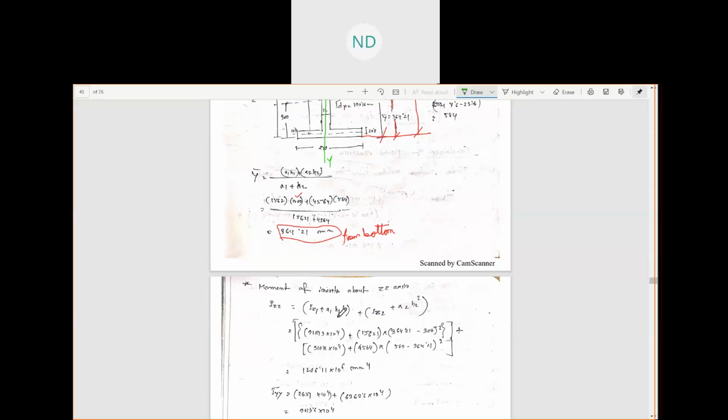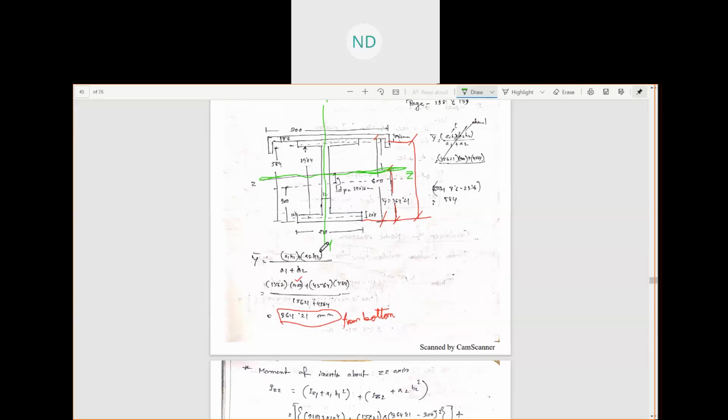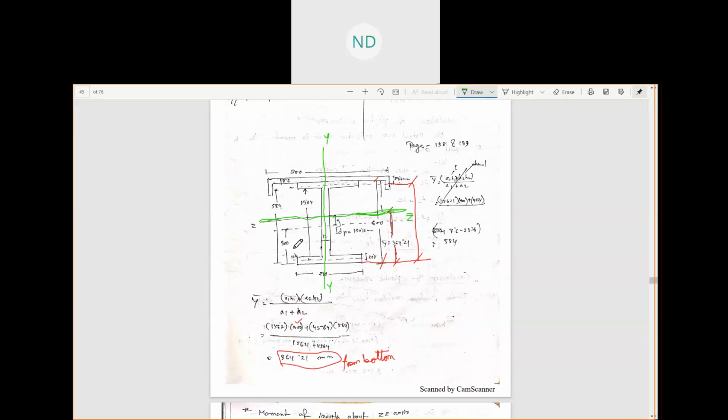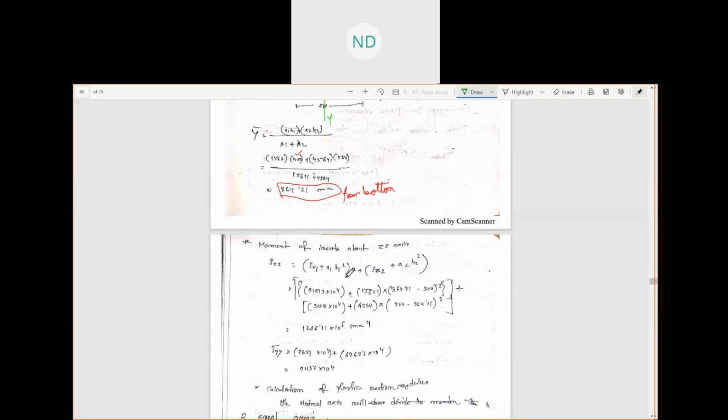And here we have plus A1 H1 square, plus A2 H2 square. Now, this is the area of the I section, and this is the area of the channel section. What is your H1? H1 can also be written as R1.